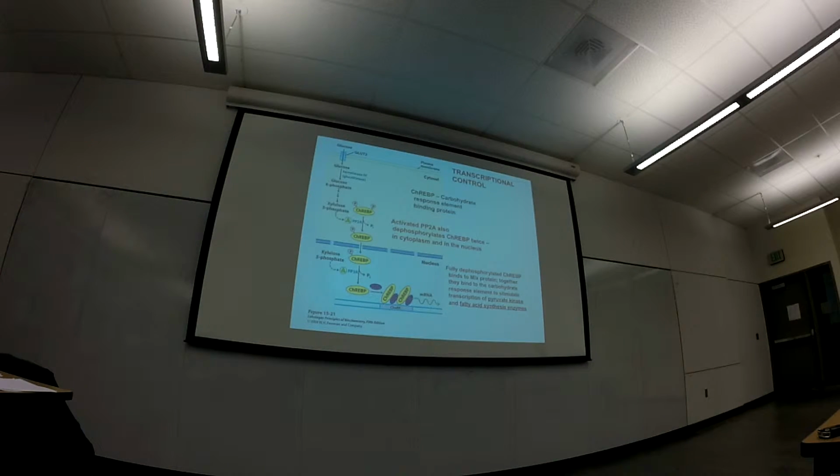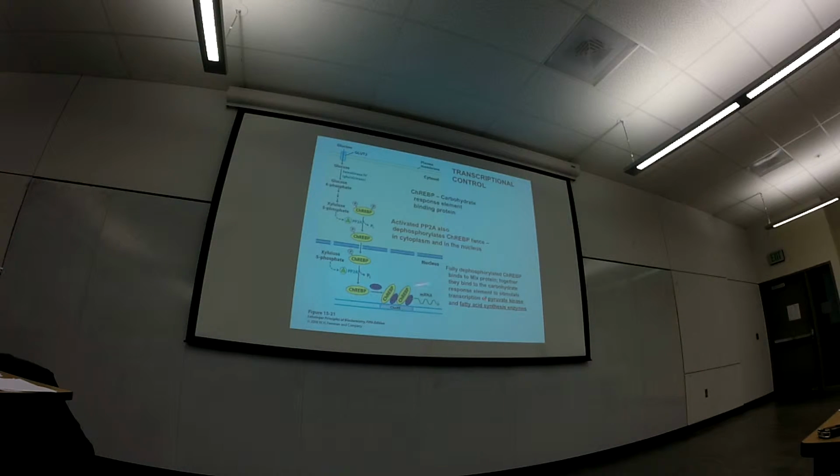So there's another level of control, of course, that has to do with transcription. Those of you who want to take 492, which I heartily recommend, will learn a lot more about transcription. But there are a whole variety of proteins that work in the nucleus to increase the transcriptional rates for certain messenger RNAs.